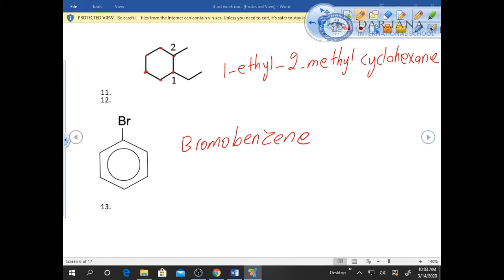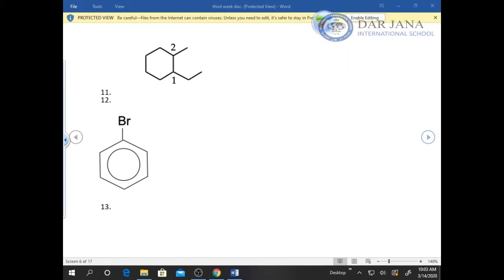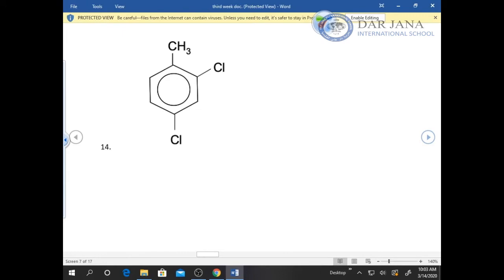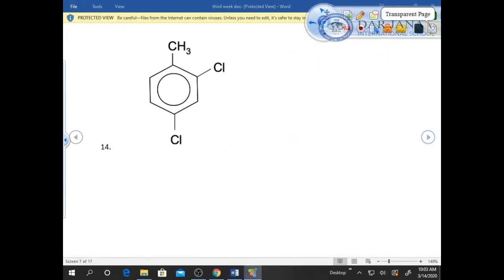Moving to number 13. Here in this benzene ring there are three substituents. The correct way, or the way that gives the lowest possible numbers, is to start numbering from methyl. 1, 2, 4.